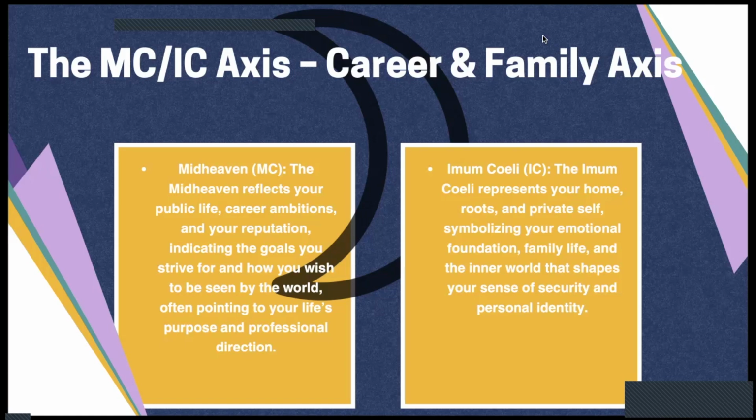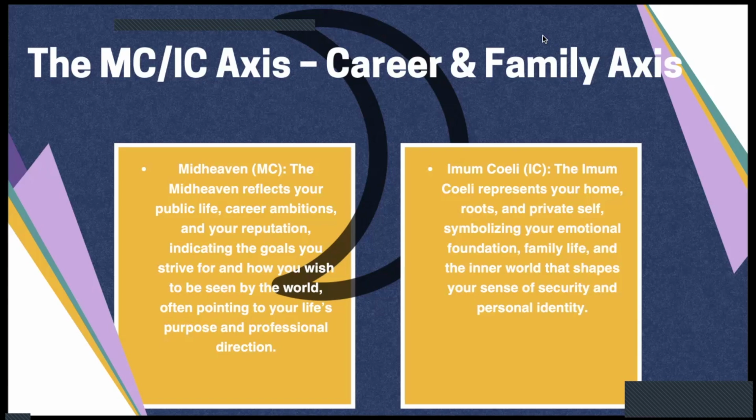On the other end of the same line, you have the Imum Coeli. The Imum Coeli represents your home, your roots, your private self, symbolizing your emotional foundation, your family life, an inner world that shapes your sense of security and personal identity. Okay, those are the building blocks of a person, like how they feel, how comfortable they feel around you, their security level, the emotional connection that they have.